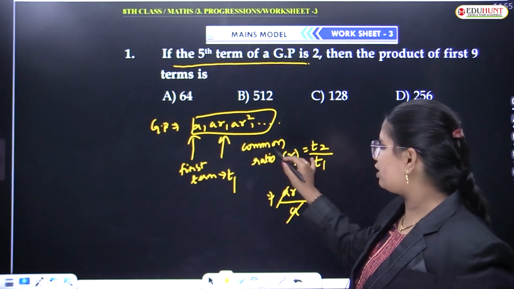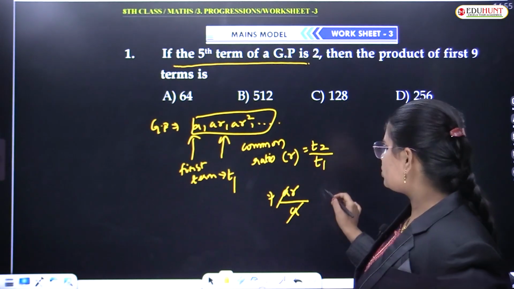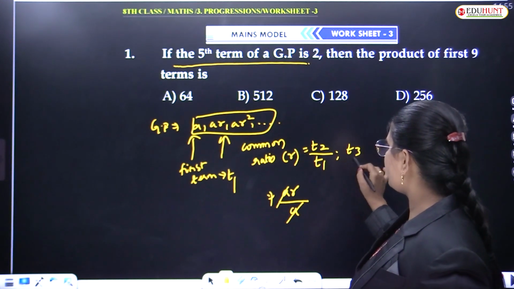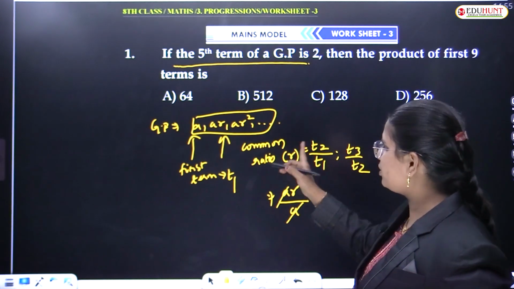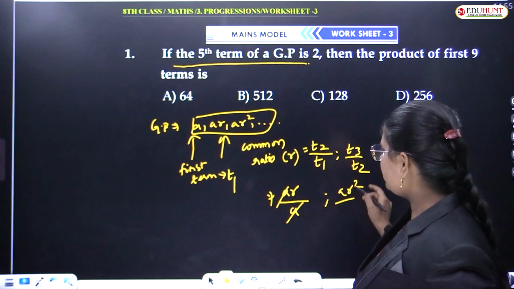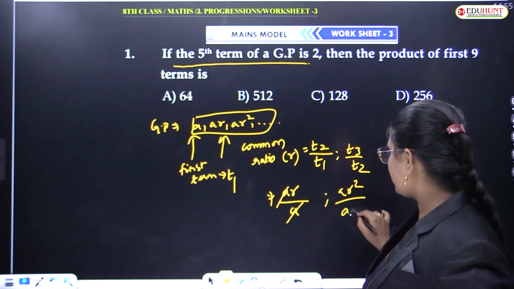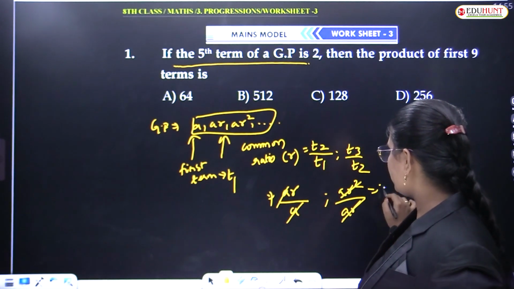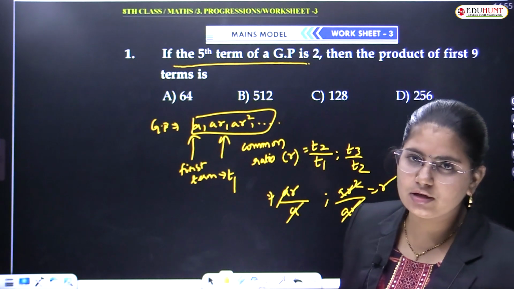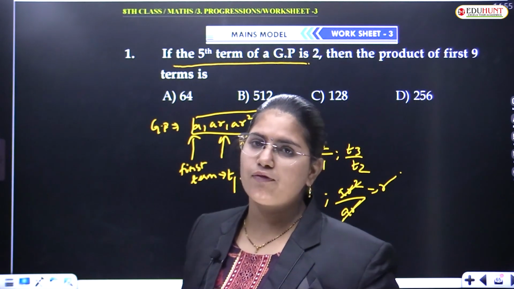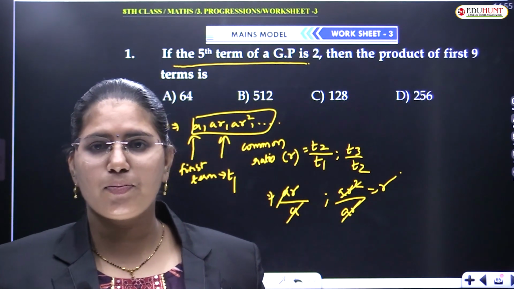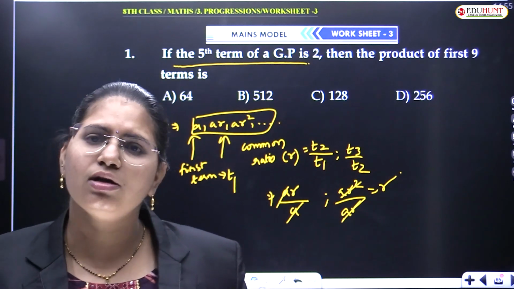Cancel a and a, you are left over with r. Let's also check with T3 upon T2. The third term is ar square and the second term ar. Cancel ar and r, you'll be left over with r. So here you will find a common ratio. Such type of terms are said to be in GP.